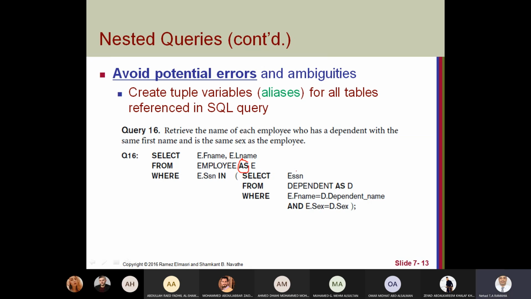So here in this example, we need to retrieve the name of each employee who has a dependent with the same first name and same sex as him. So if we have a male employee whose first name is Smith, for example, and his dependent's name is Smith, then we will return this employee.